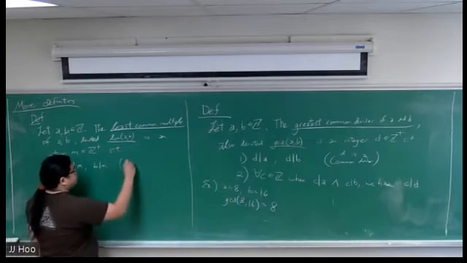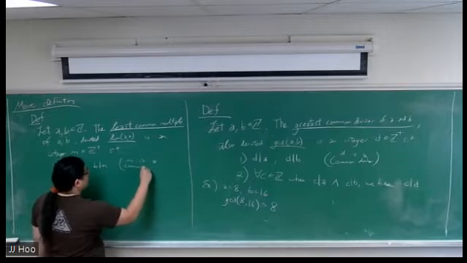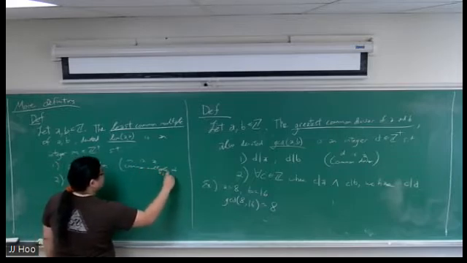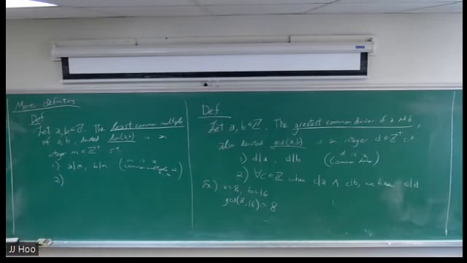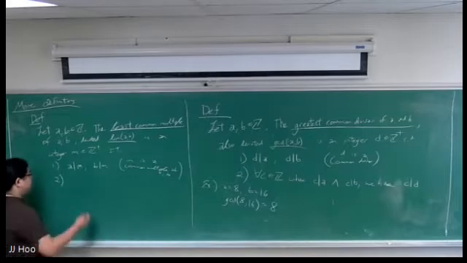So this says that M is a common multiple of A and B, right? And so just like the other case, we want it to be the least one, the smallest one. And instead of using less than or greater than, we're going to use divides, right?